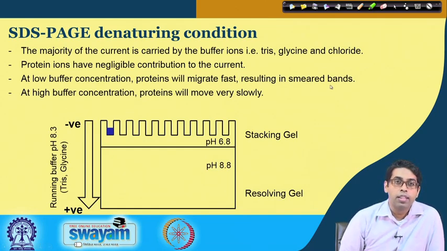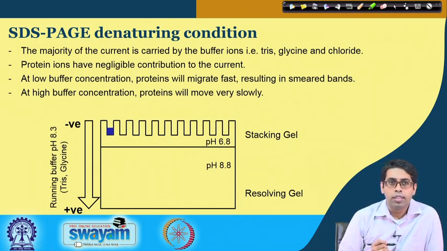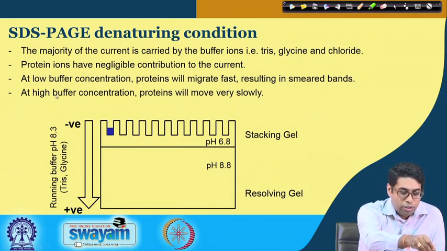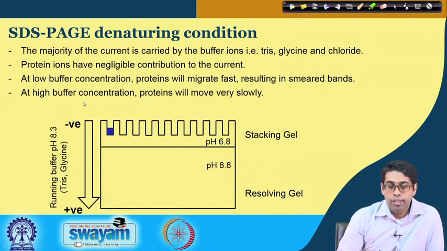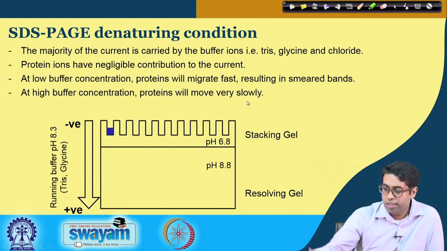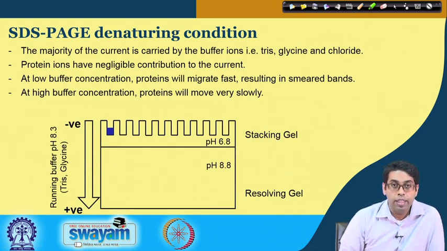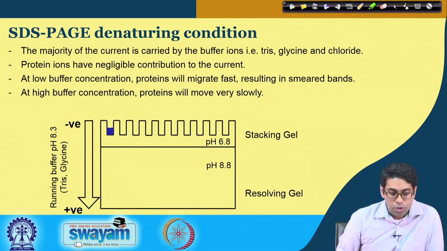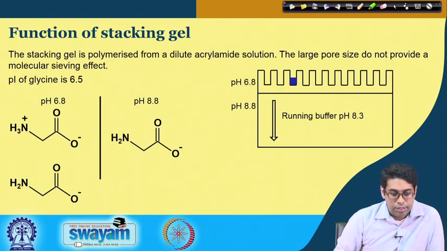So, we will not get nice crisp bands, and it will be difficult to determine where our protein is. If the buffer concentration is high, so if I just use 10x buffer and forget to dilute it, then the proteins will move very slowly. So, it is important to have the right buffer concentration.